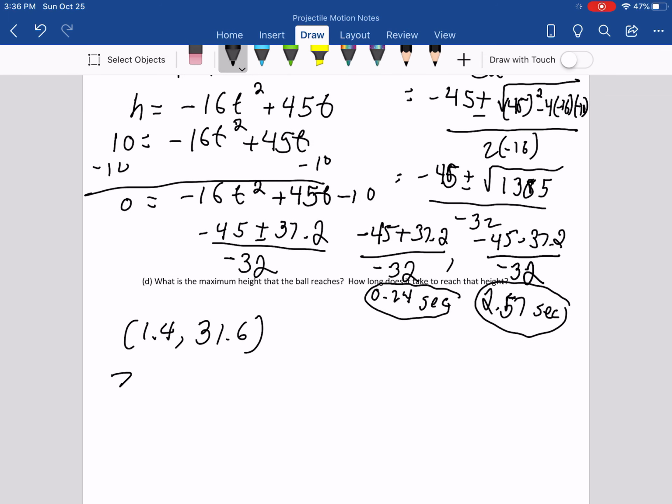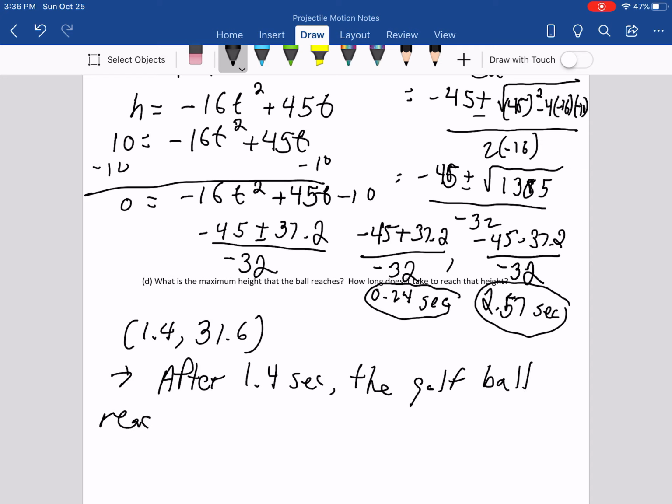So that means after 1.4 seconds, the golf ball reaches a max height of 31.6 meters.